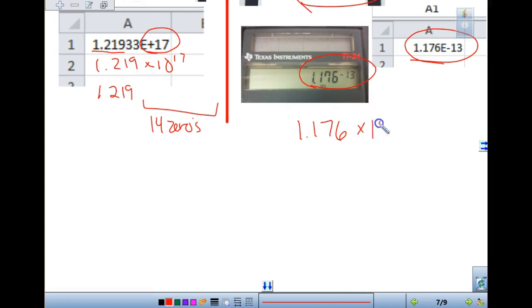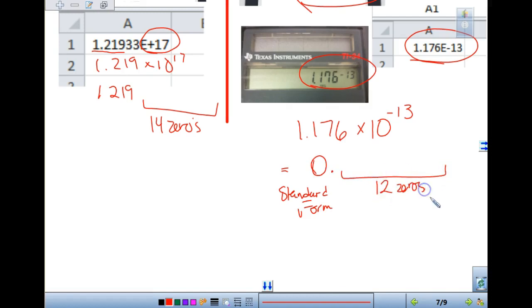You need to know that this is 10 to the negative 13, which would mean in standard form, 0 point, and here I would have 12 zeros, and then I would have 1176. But I would have 12 zeros before that, okay? So you just want to make sure you're understanding how to look at really small numbers.